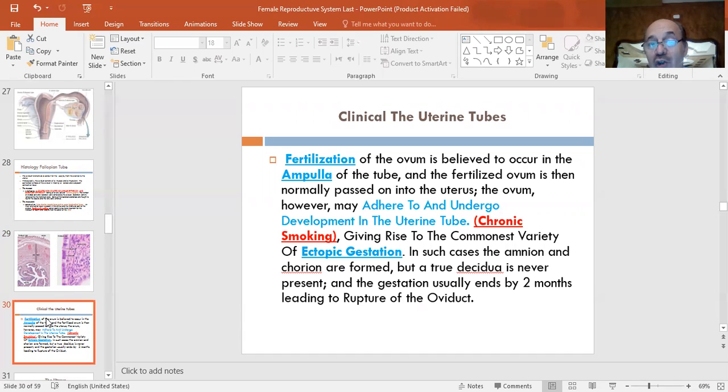And that is what you call the ectopic gestation or ectopic pregnancy.